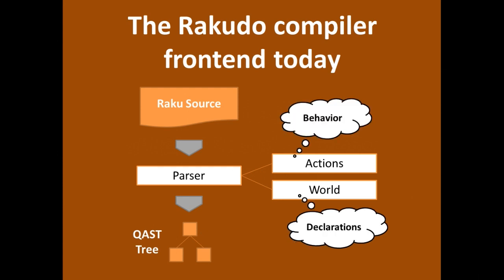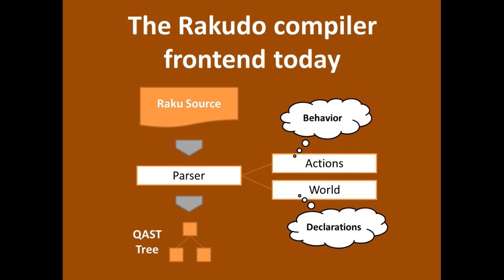The front end consists of the parser, which cares about the syntax, and the actions, which care about the behavior, that is to say, the semantics of the program. They do that by taking various language constructs and saying, well, this is how they compile into CAST. And then we have the world. The world is involved in declarations.